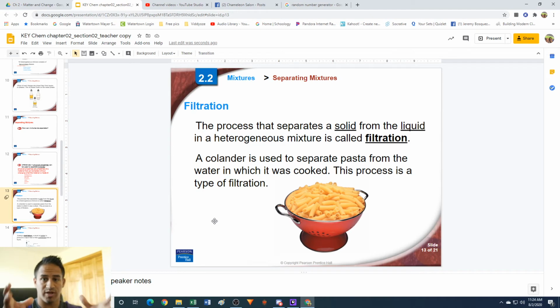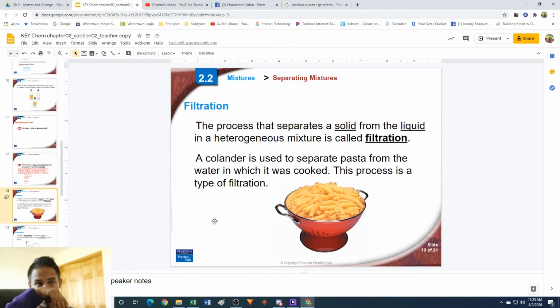And a colander is essentially a big bowl that has a bunch of holes in it, and the holes are small enough that the noodles or whatever can't pass through, but the water can. So filtration is using the physical property of particle size to separate out these two things. Water or liquid particles are much smaller than solid particles sometimes, and so the liquid particles can pass through the holes of the colander, but the solid particles can't.